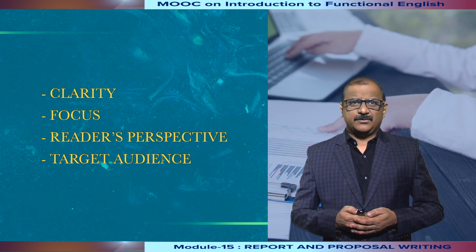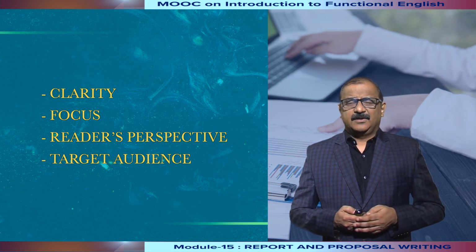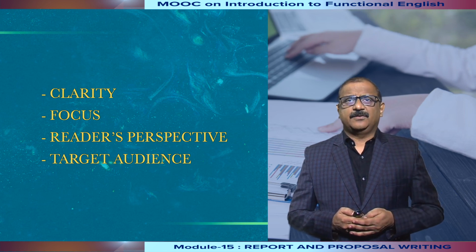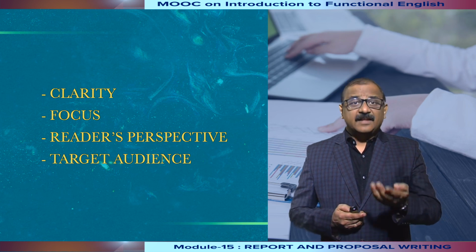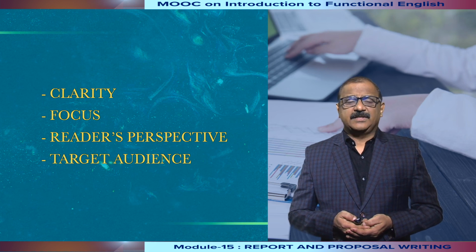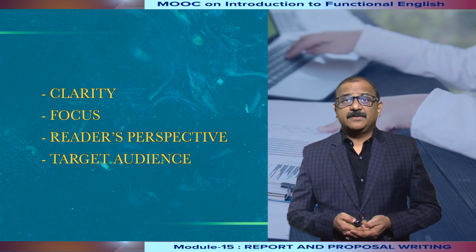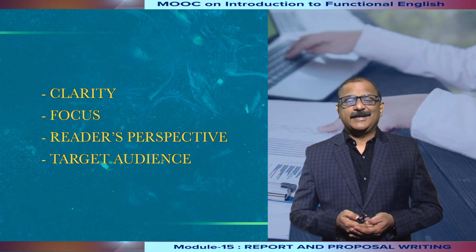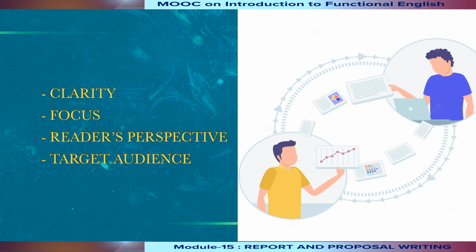These two things: clarity of what the report is about, then the target intended audience. And another thing that you should keep in mind in writing reports is the perspective of the reader. That is very important. That's actually important in any form of communication. The sender, the receiver.